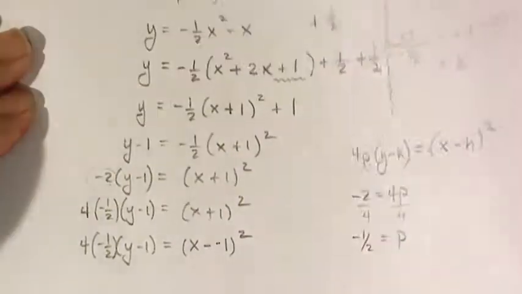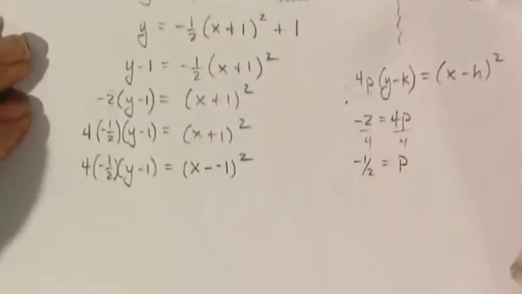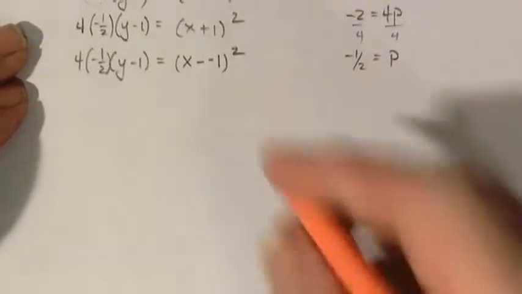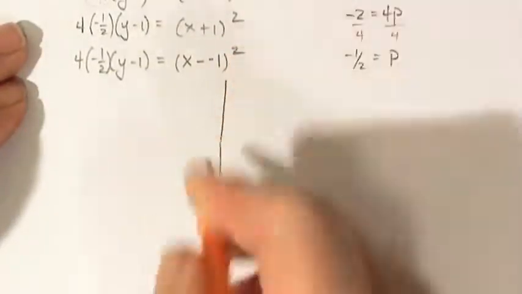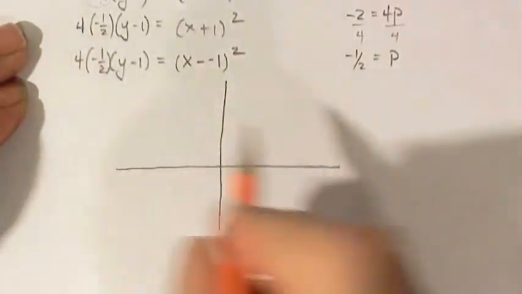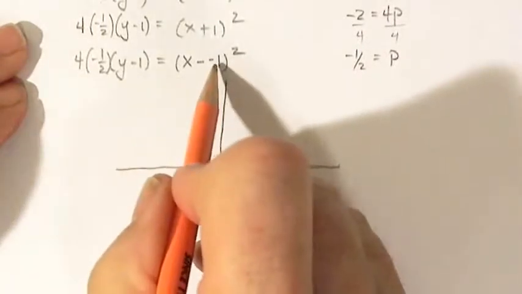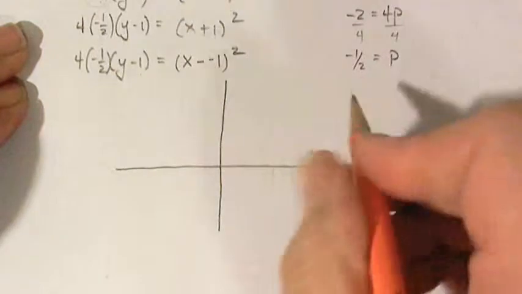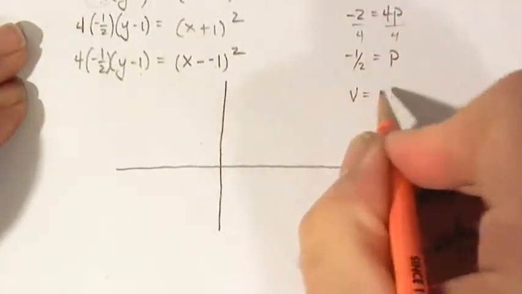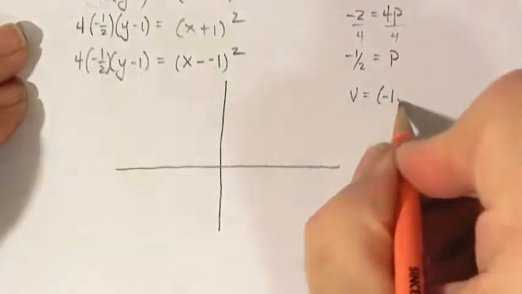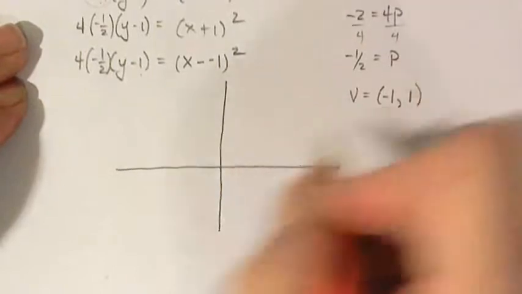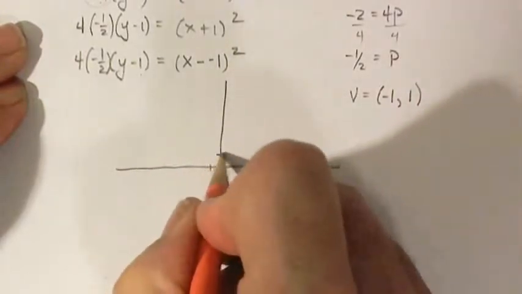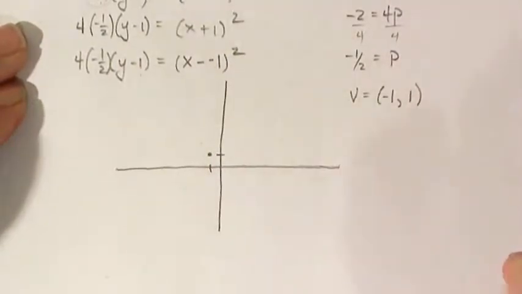So we're almost there. We need a picture, and I'm going to draw a picture. The vertex is at negative 1, 1.